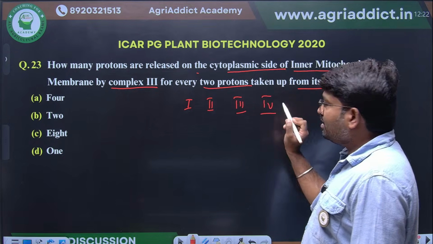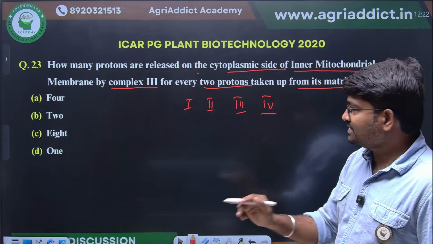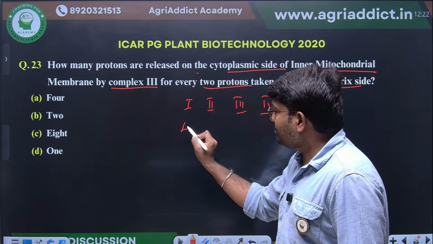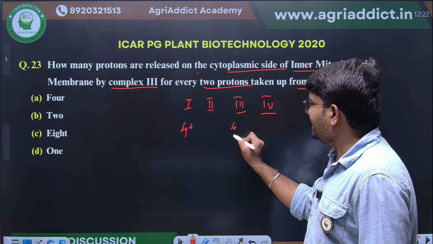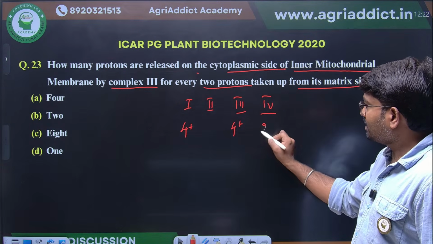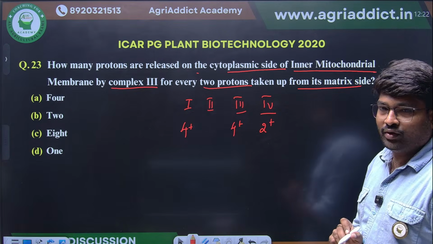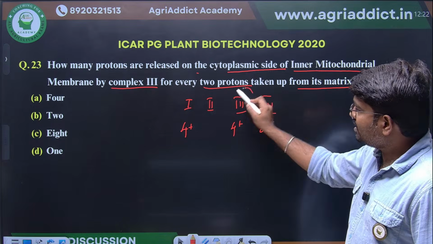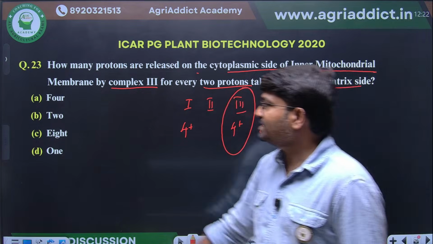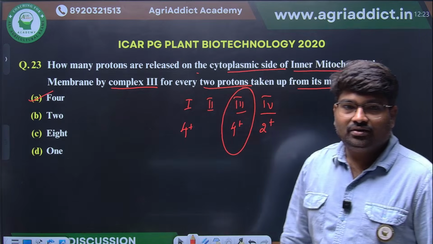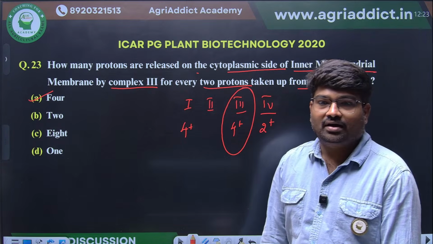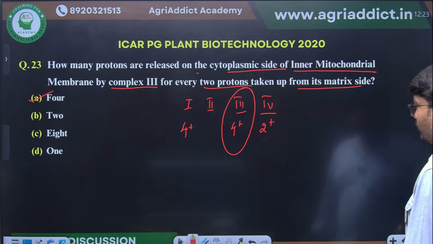I already told you in our electron transport chain class. Complex 1 will pump 4H plus ions, complex 3 will pump 4H plus ions, and complex 4 will pump 4H plus ions. So complex 3 will pump 4H plus ions to the cytosol side of the inner mitochondrial membrane. Yes, very good, 4H plus.